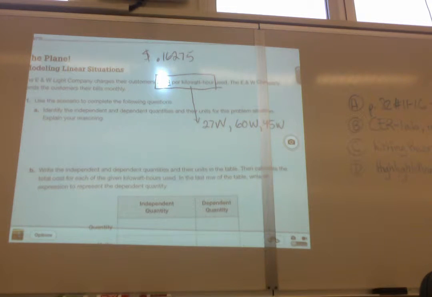Kilo is metric, it's 1,000 times as big. But if you think of your whole house, how many light bulbs do you have? You probably have some in the front, some in the back, a couple in each room. So they add up.